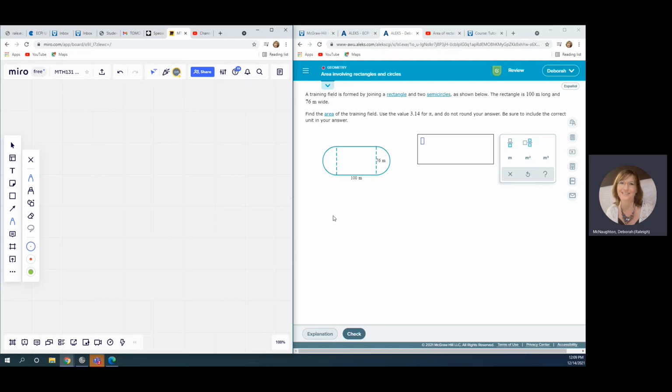Okay, so here we are finding the area of a rectangle combined with either a circle or a semicircle.